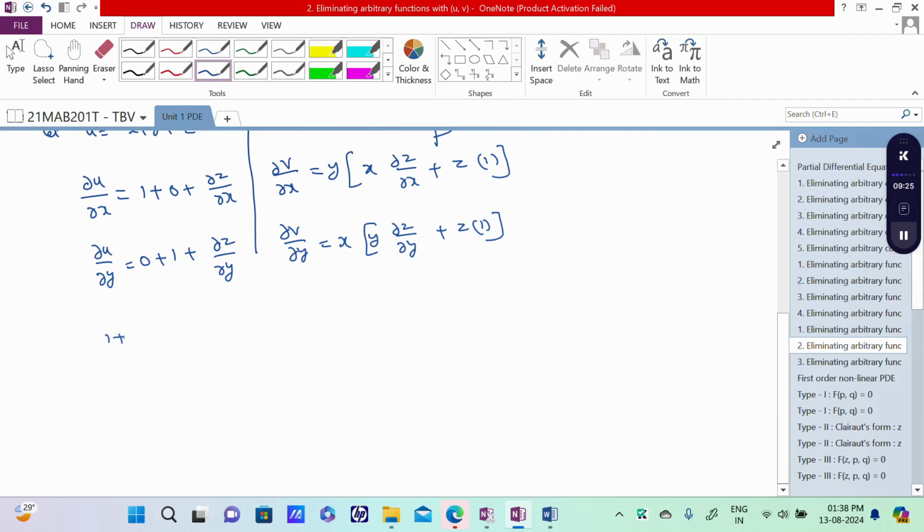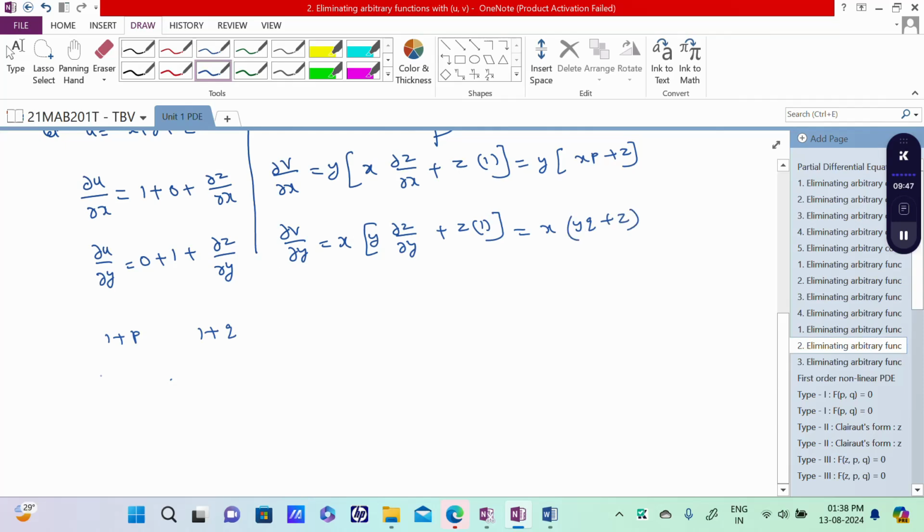Now 1 plus p, 1 plus q, and then y into xp plus z, then x into yq plus z.